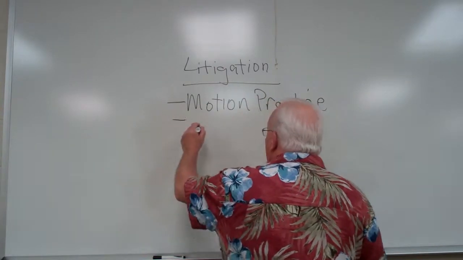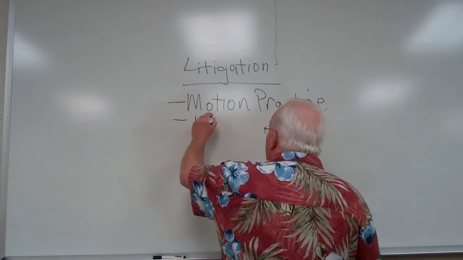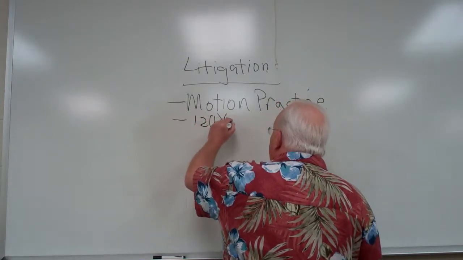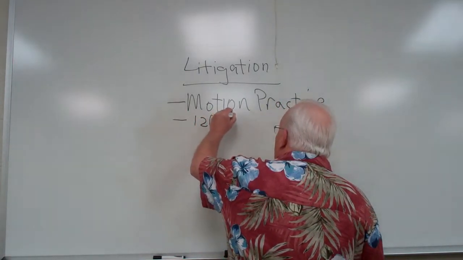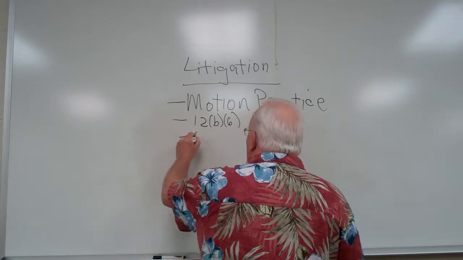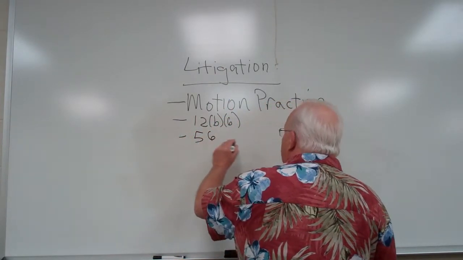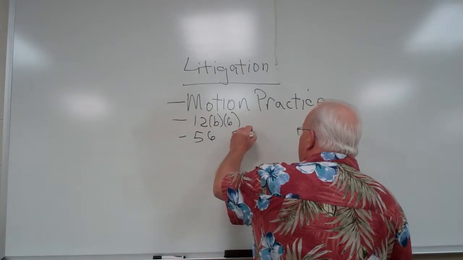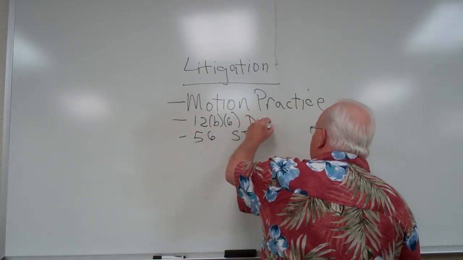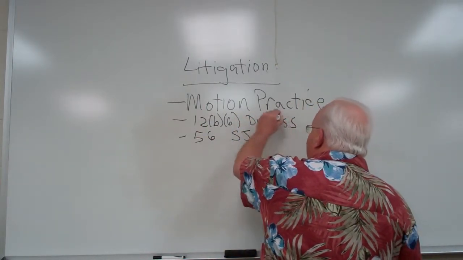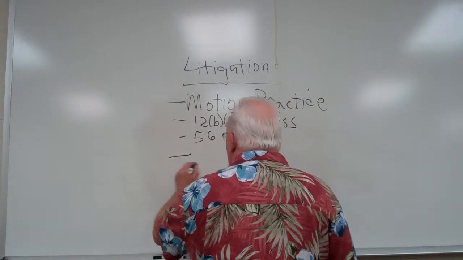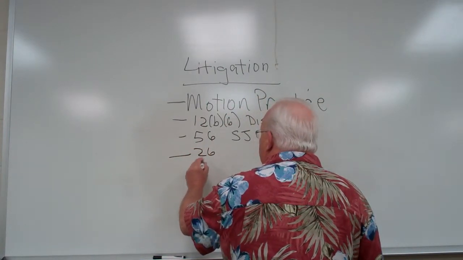There's several different motions, and most of these are driven by different rules. Rule 56, for example, is what we call summary judgment. This one is dismissal. You can have different discovery motions.